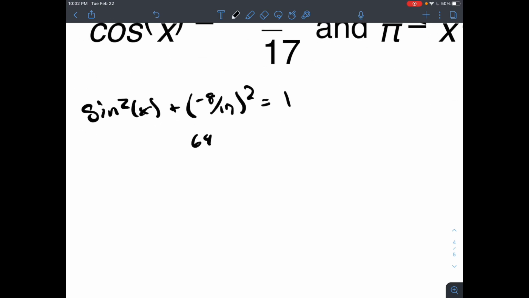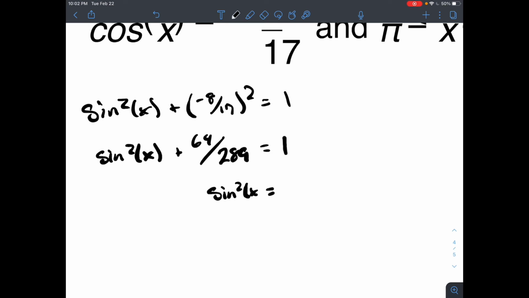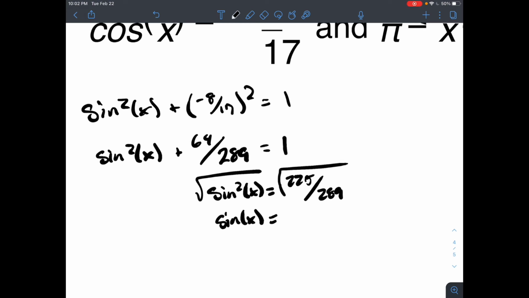So we're left with 64 over 289. 289 minus 64 is 225. So we'll get sine squared of x is equal to 225 over 289. So sine of x, when you take the square root of both, you're going to get 15 over 17.